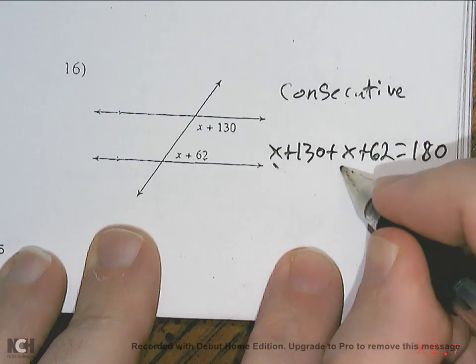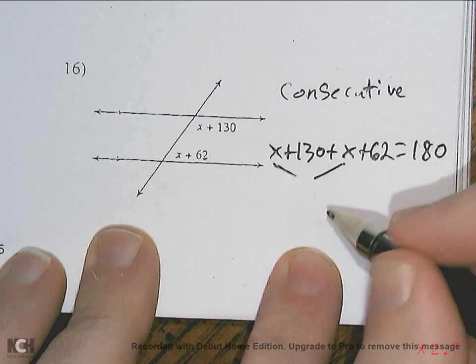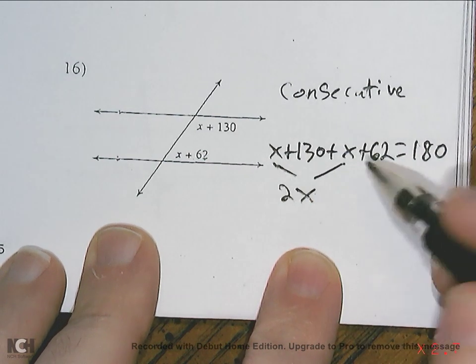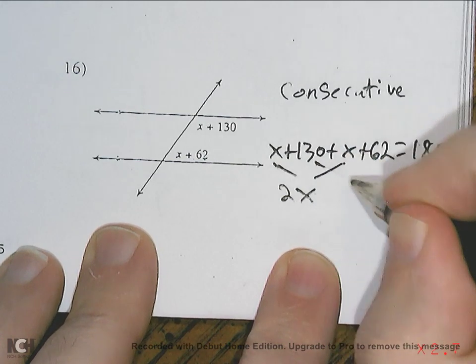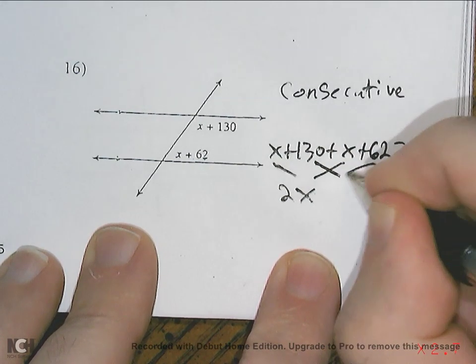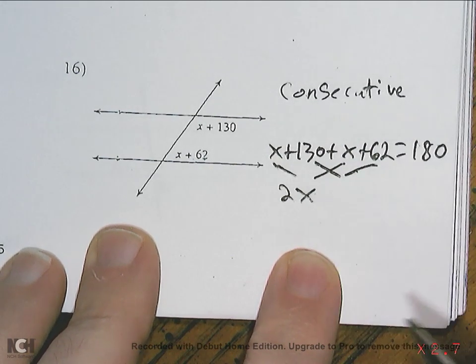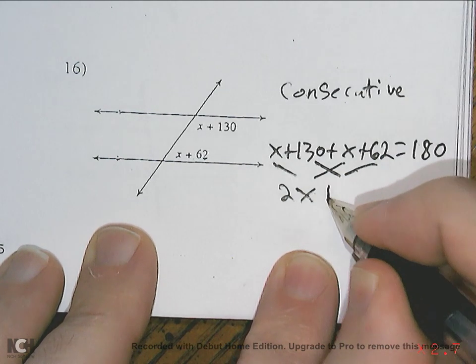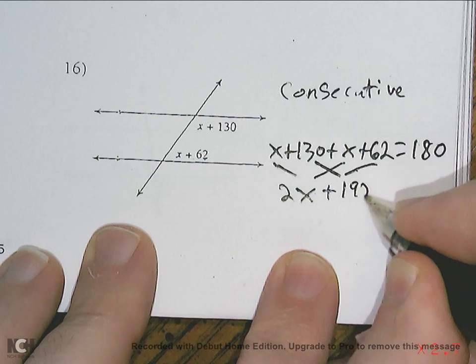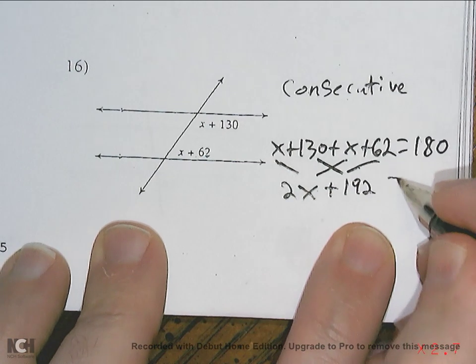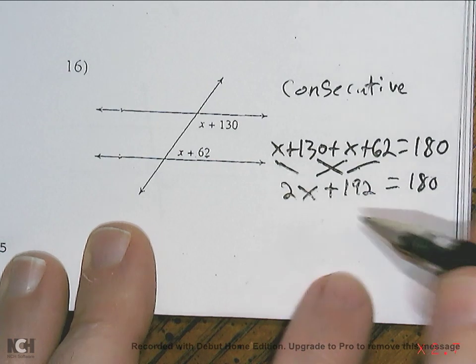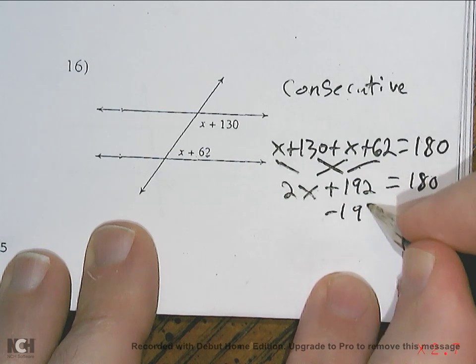I've got 2 x's. Combine those, I'm going to get 2x. And then I've got 2 constants. Combine those, 130 plus 62 is going to be 192. So plus 192 equals 180. Okay, now I subtract 192 from each side.